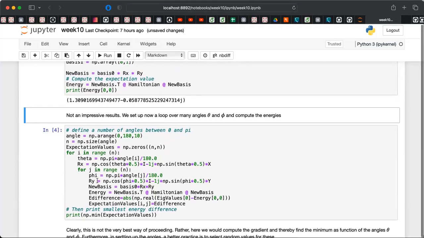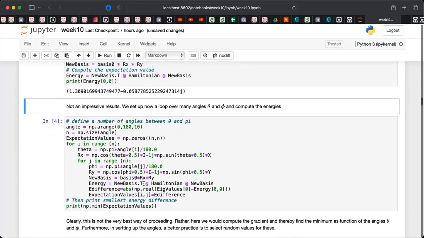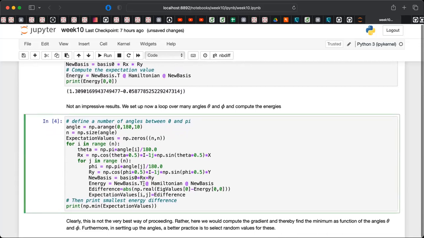And when I perform my rotations here, the next thing which I get is the new basis. And with the new basis, I can then compute the expectation value of the Hamiltonian. And what I'm doing then is to calculate the difference between the exact result and the one which I get when I compute this expectation value with these basis states which I have.